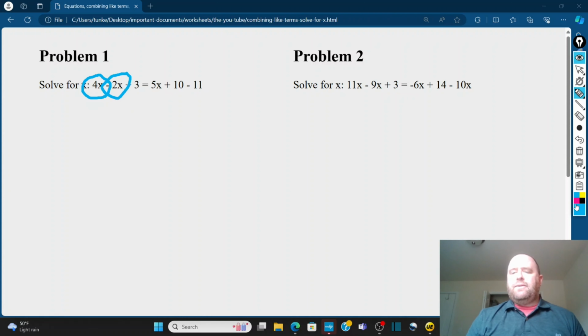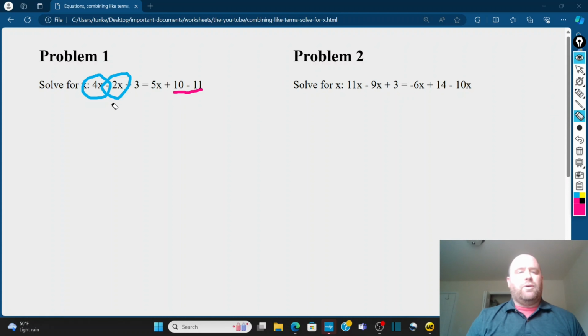And then on the right-hand side, I have stuff without x, just numbers, 10 minus 11 here. Those are like one another, okay? So we want to combine those two. So we want to do 10 minus 11.